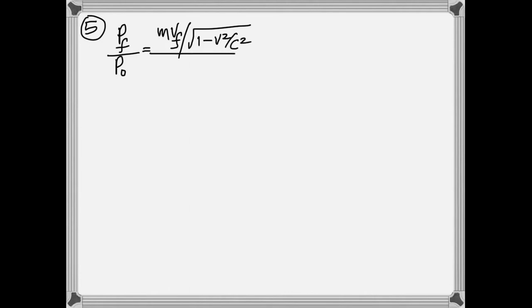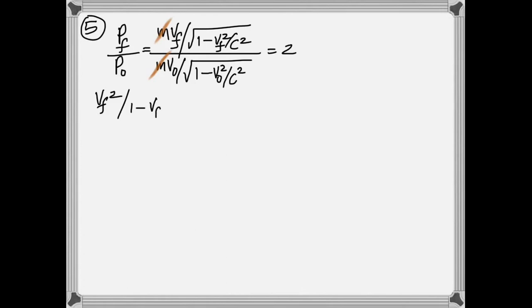And then do the same with the initial momentum. The masses can be cancelled, and that gives us 2. Square all of it to get rid of the square root. So the right hand side squares and becomes 4.